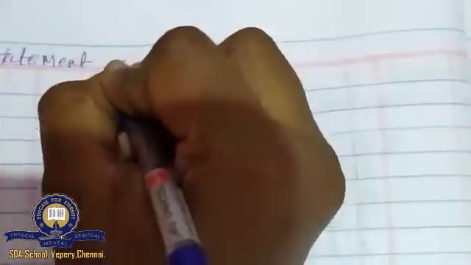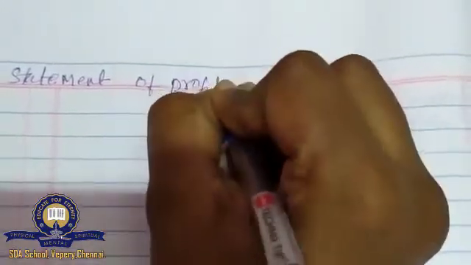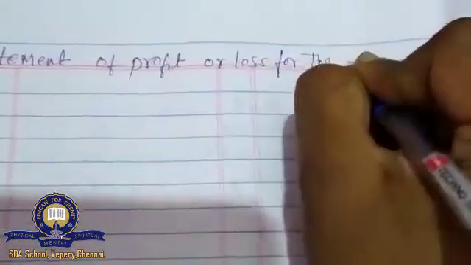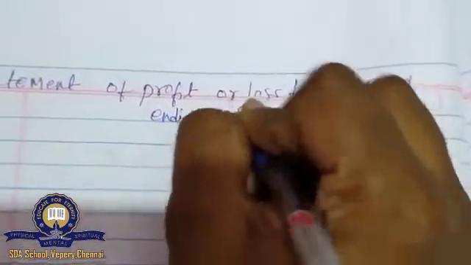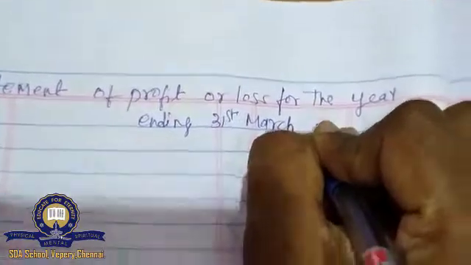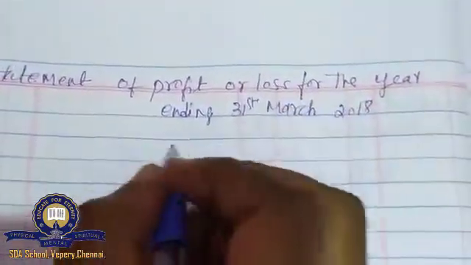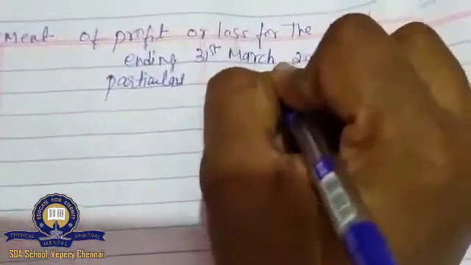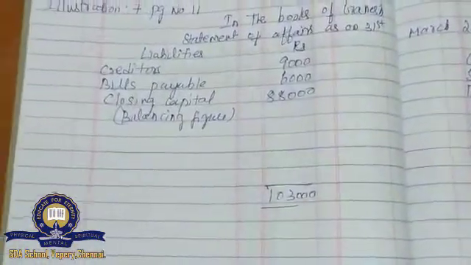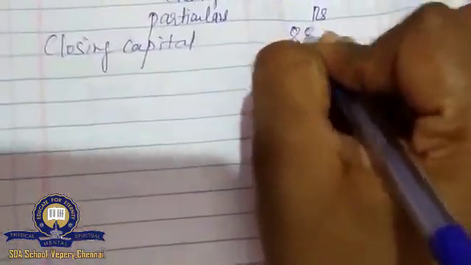Statement of profit or loss for the year ending 31st March 2018. So particulars, rupees. Closing capital we have found in the previous sum, 88,000.